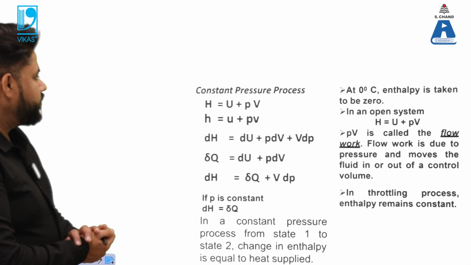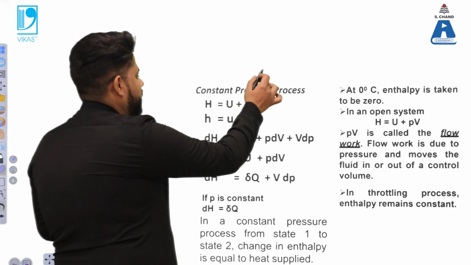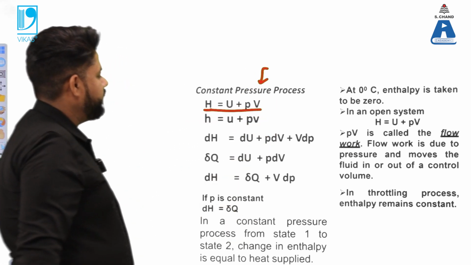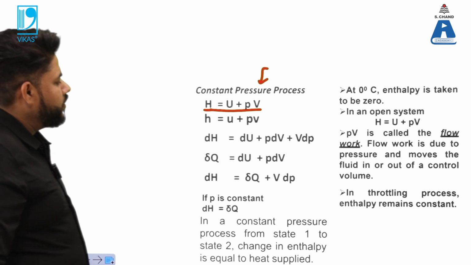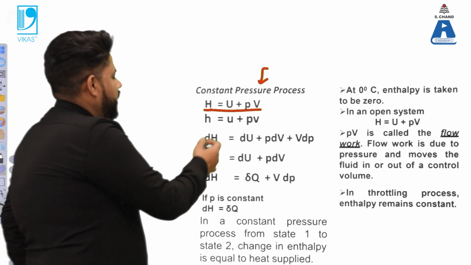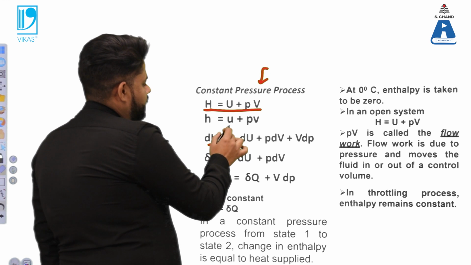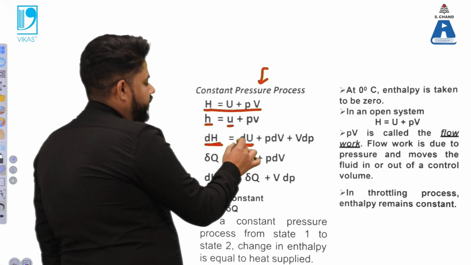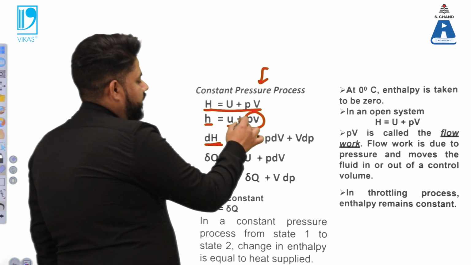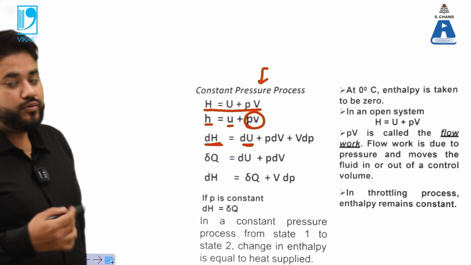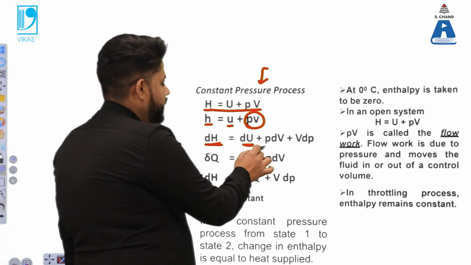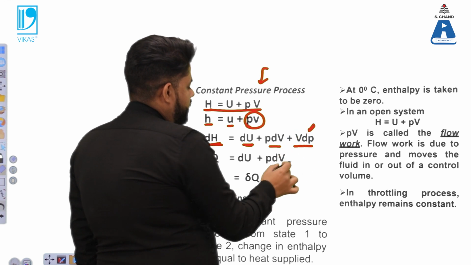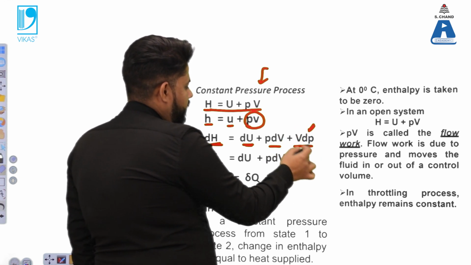So we have certain other processes, like constant pressure processes that indicate H equals U plus PV in capitals, and in small letters that can be represented. If I differentiate it, this H will have dH and U will have dU, but for this I need to apply the chain rule, which is P dV plus V dP, and if it is a constant pressure process, dP remains 0, so that can be removed from here.